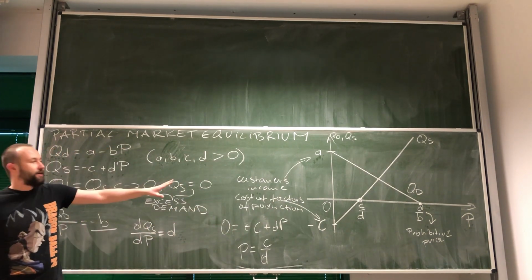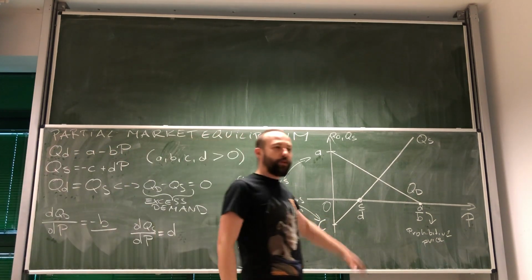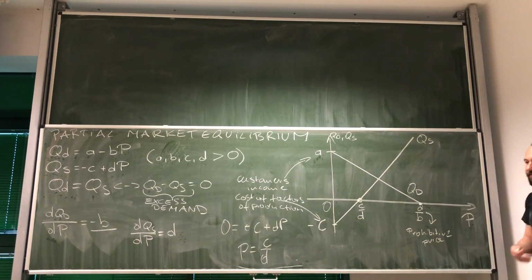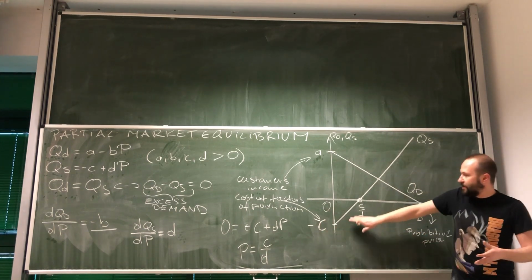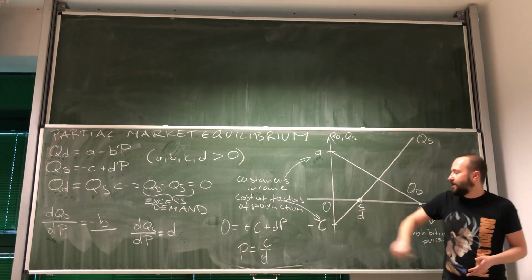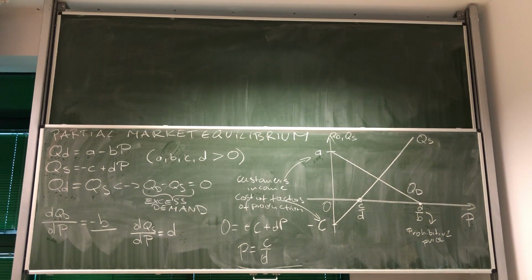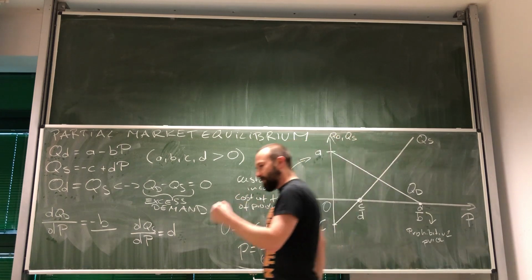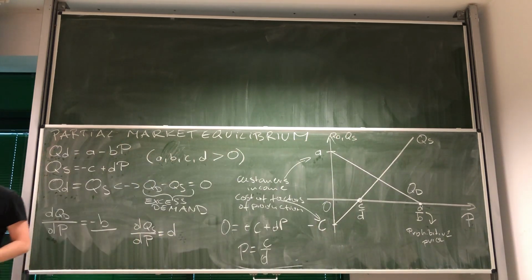So everything that moved the supply curve in your previous class in microeconomics can also be thought of as a part of this C. Okay, so now we've got a graph, but we still don't have everything over here.